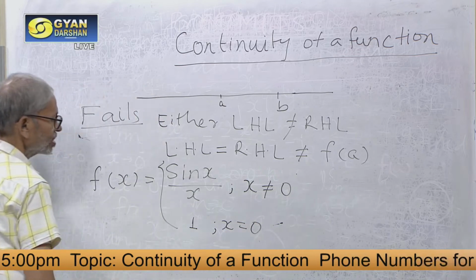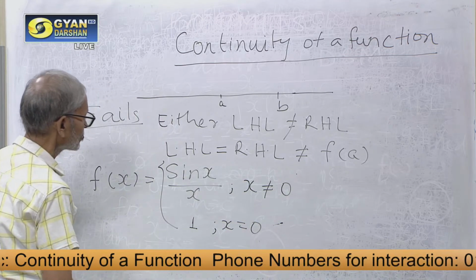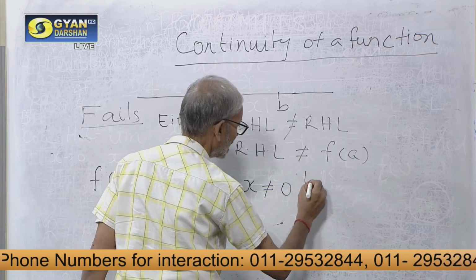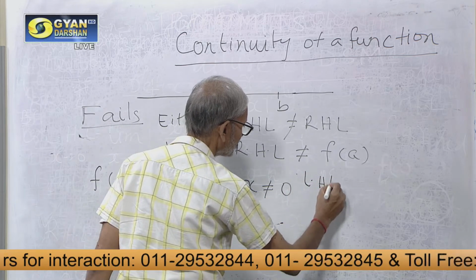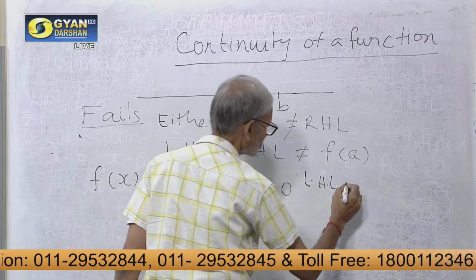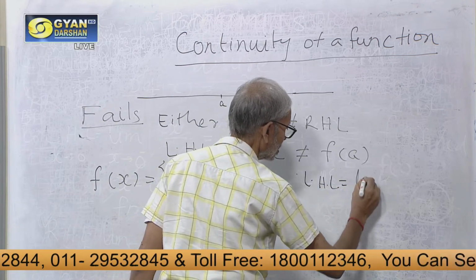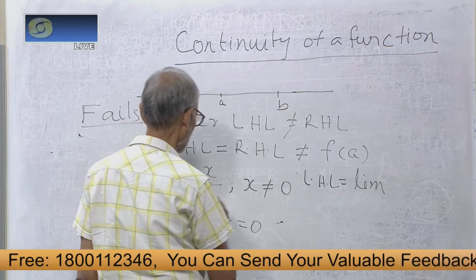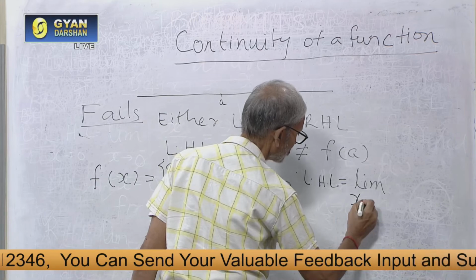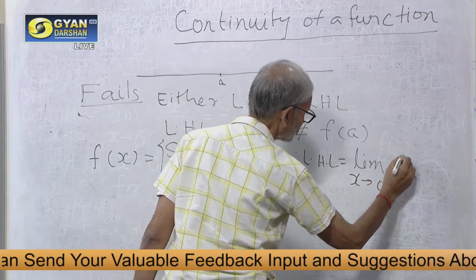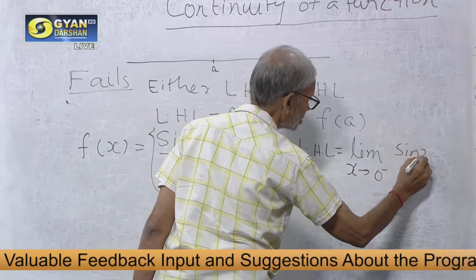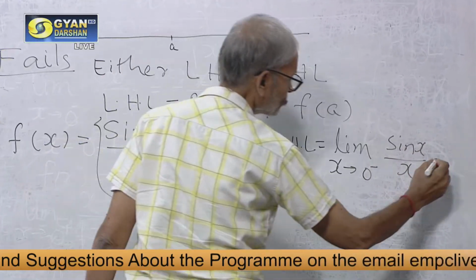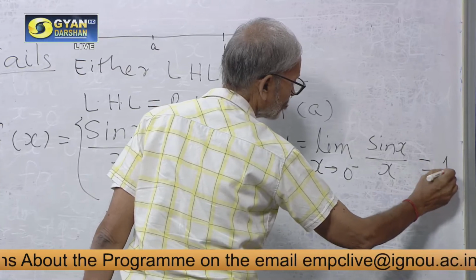Let us see this function. Its LHL is equal to limit x tends to 0 minus of sin x upon x. Now, this is equal to 1.